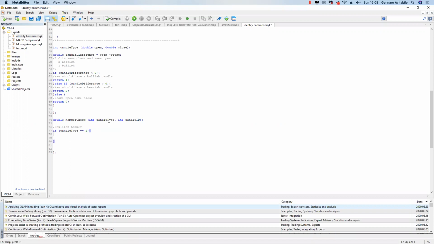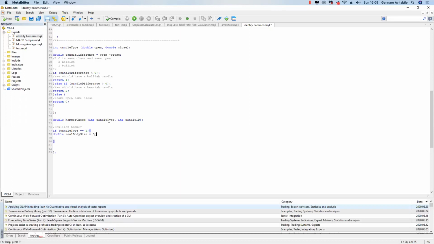So to do that, let's make a double, candle real body size. All right, real body size is going to be equal to, remember, this is a bullish candle, so the open is below and the close is up.